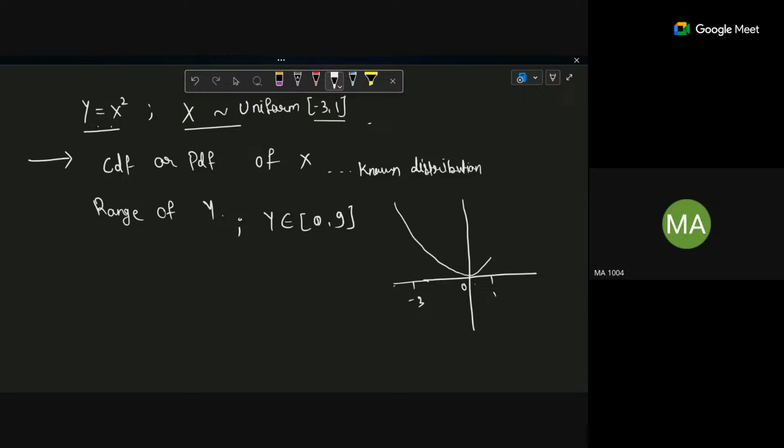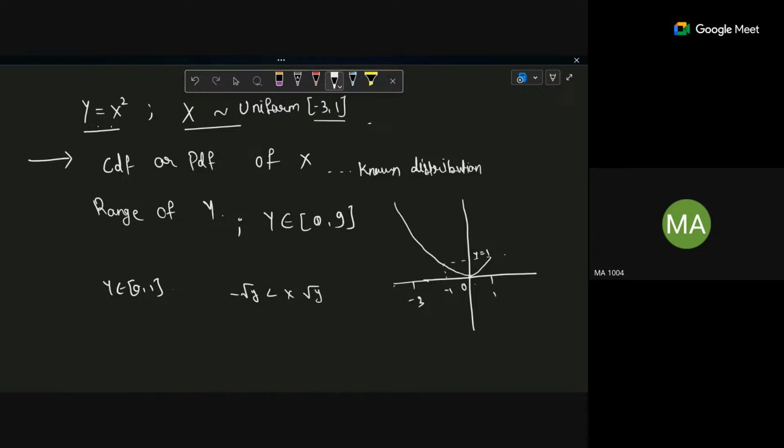We know that x square is a symmetric function. That means from -1 to 1, my values of y lie between 0 and 1. So whenever y lies between 0 and 1, just capture what the values of x are, that is -1 to 1, but since we are going to calculate the CDF, I will say minus square root y to plus square root y, for y from 0 to 1.